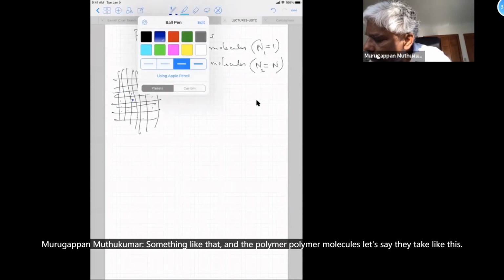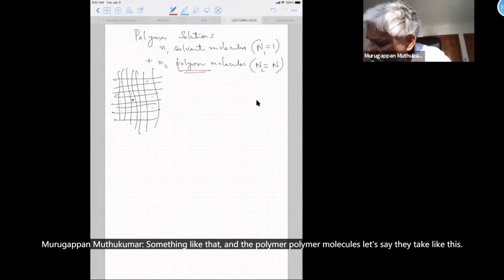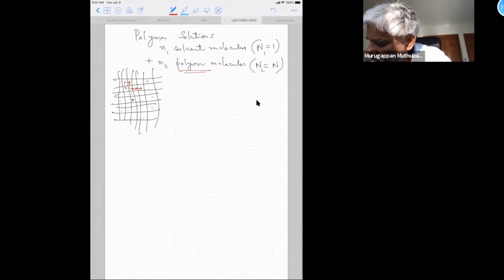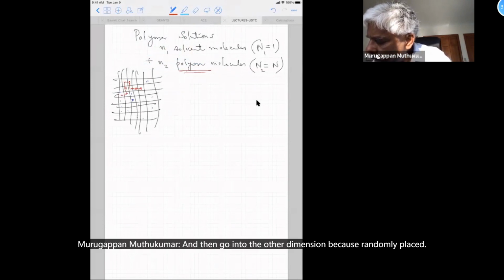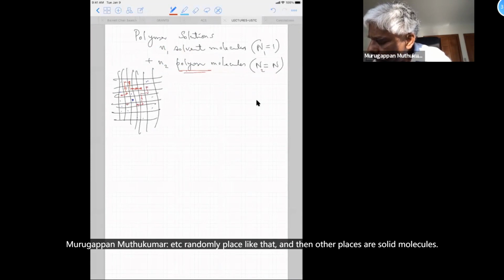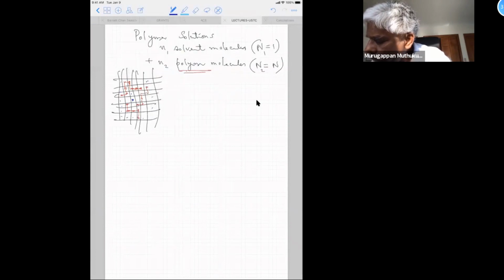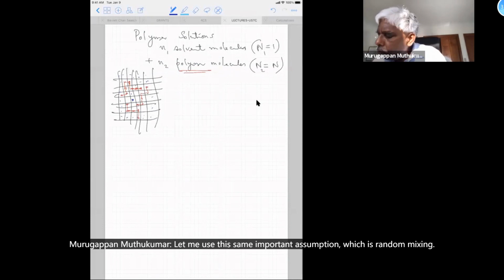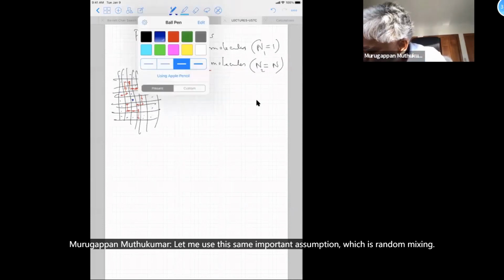And the polymer molecules, let's say, they take like this, and then go into the other dimension, randomly placed, etc., randomly placed, like that. And then other places are solvent molecules, something like that. Then we use the same important assumption, which is random mixing.